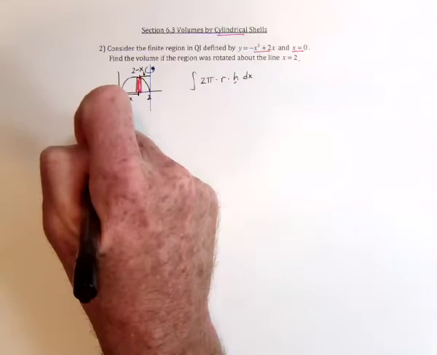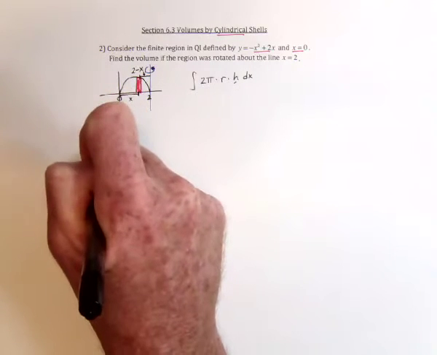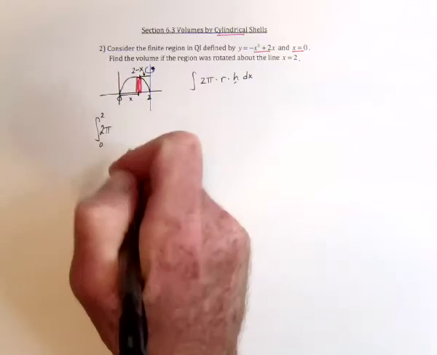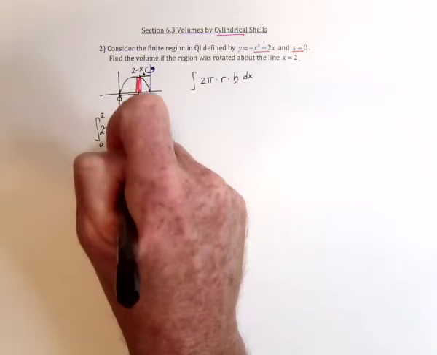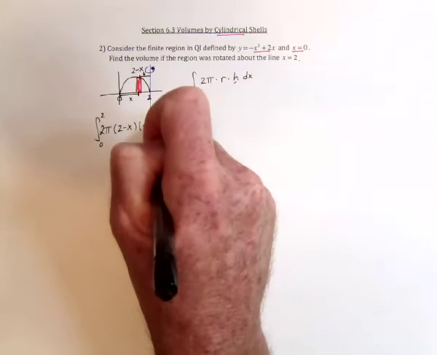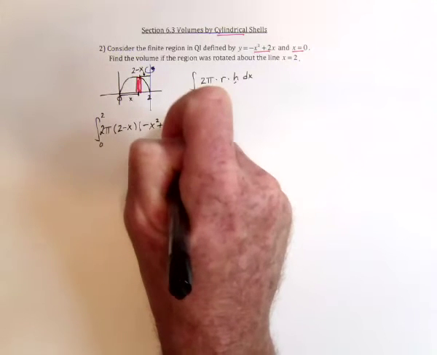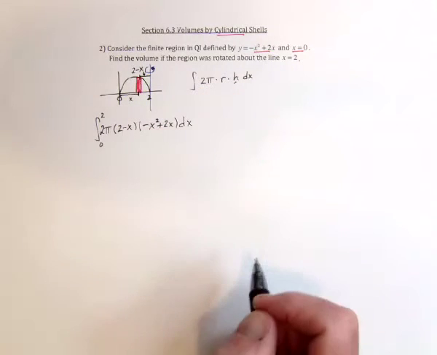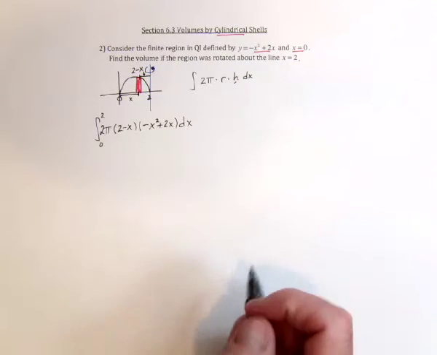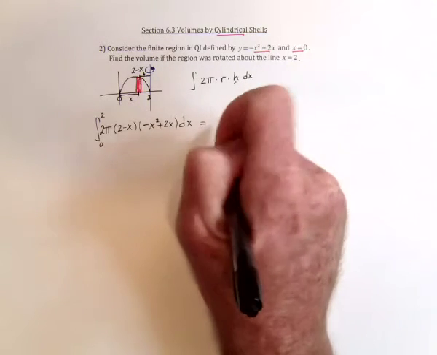So the volume is the integral from 0 to 2 of 2 pi, the radius is 2 minus x, and the height is negative x squared plus 2x. And then it's time to do algebra before we do some more calculus.